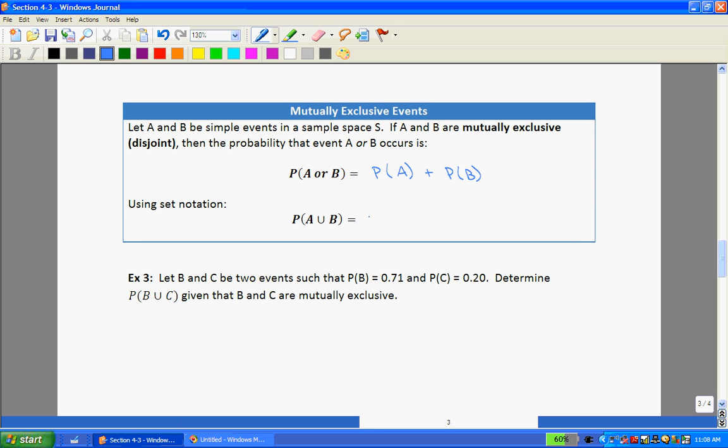So we just don't bother to write it down. And it looks exactly the same in set notation with the union symbol. The only difference with mutually exclusive is that last part. So if we were to have that minus P of A and B, well, it really goes to 0. So we don't bother to write it if the two events are mutually exclusive.